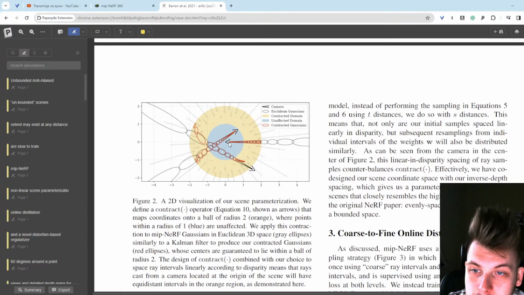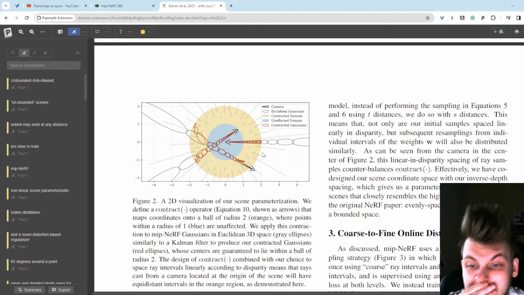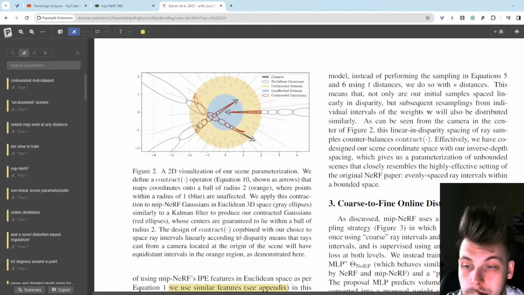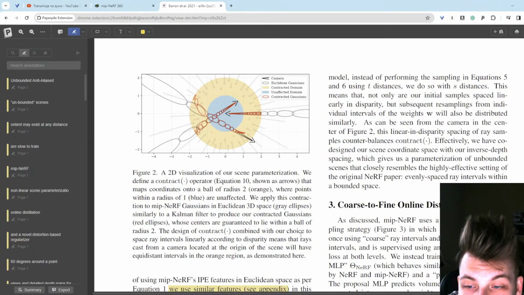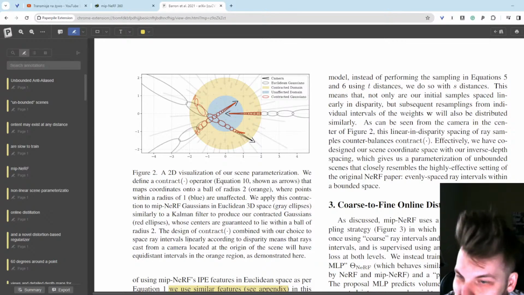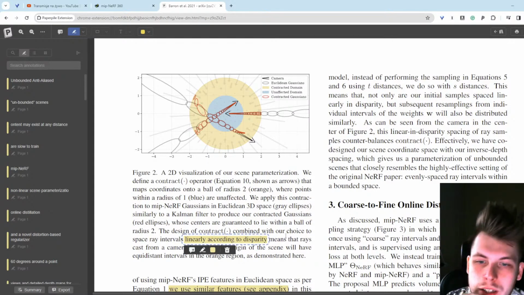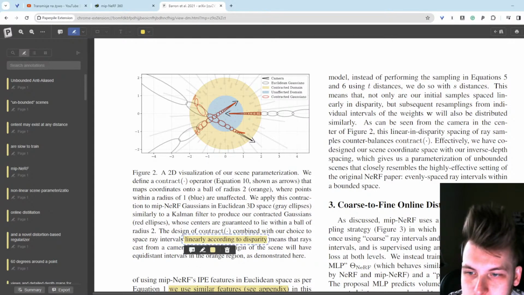So I think they say that because of the way we created this construction, combined with our choice to space ray intervals linearly according to disparity. I don't know if we discussed that yet, but they will space these intervals linearly based on 1 over x instead of x.